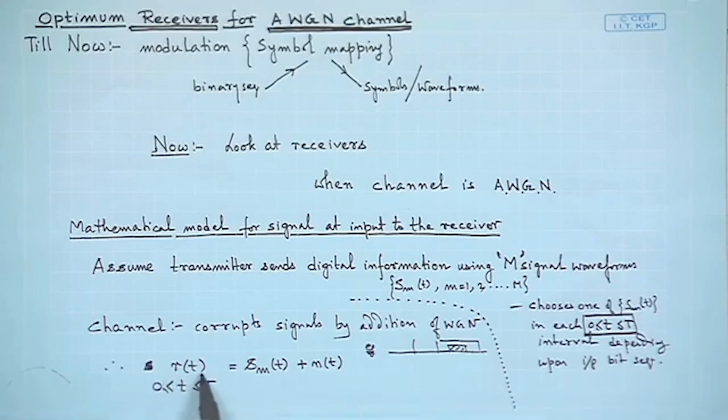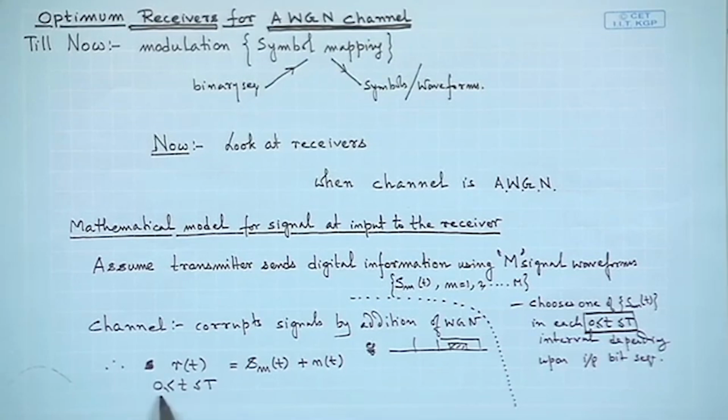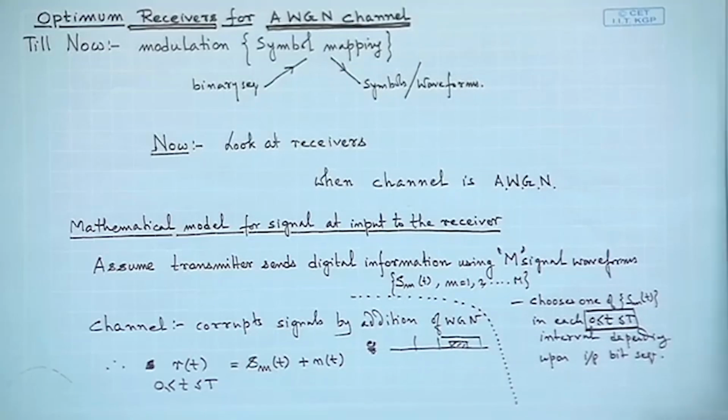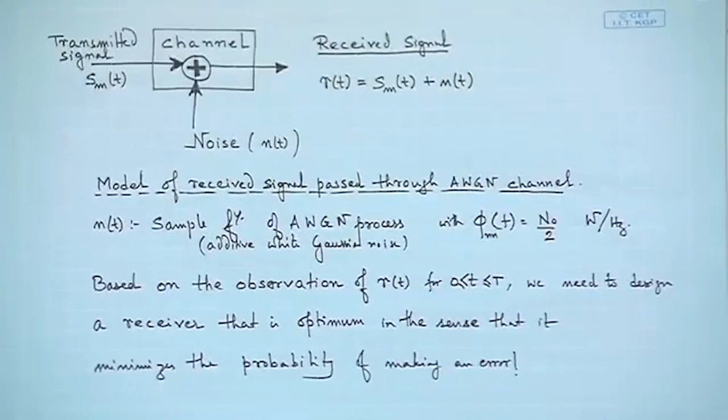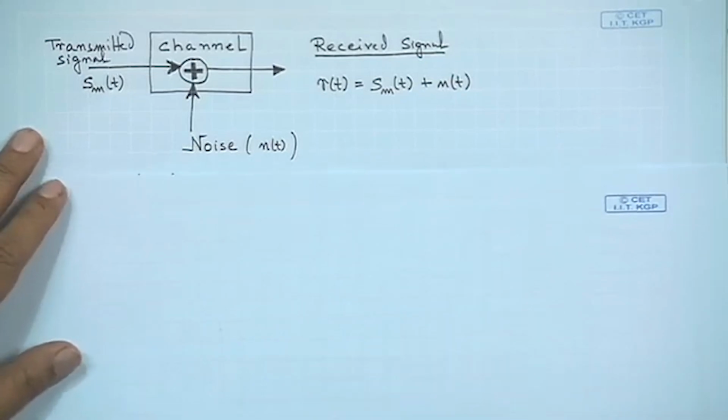So, a received signal r(t) could be written as s_m(t), that is the transmitted waveform, plus n(t), which is additive in nature, and n(t) represents noise, and this r(t) is in the interval 0 to capital T. For the next interval, you again have a similar expression. So, we proceed with this kind of model, and we have the diagrammatic representation as we discussed earlier.